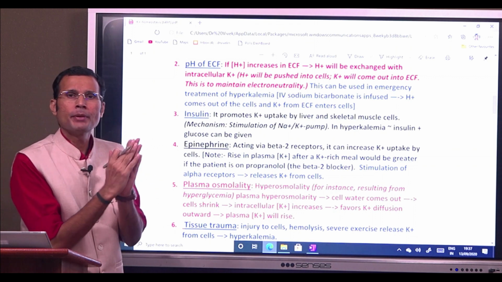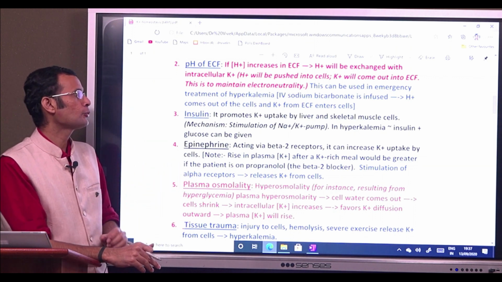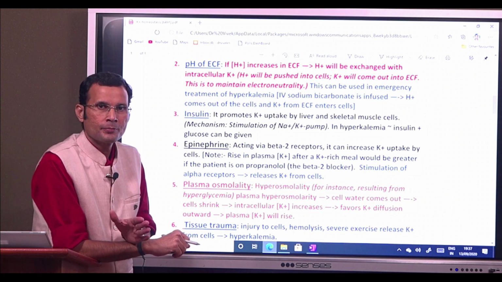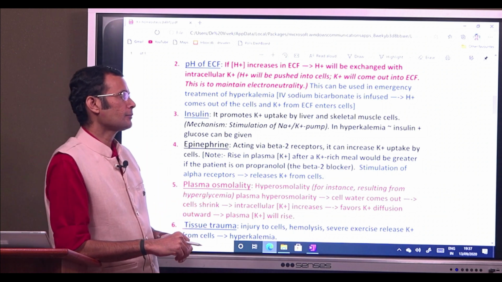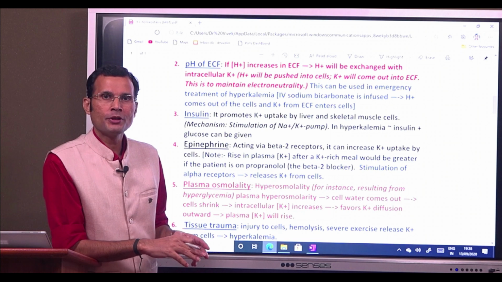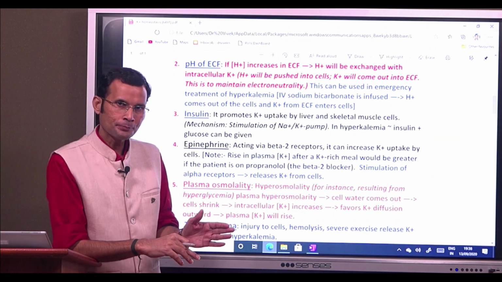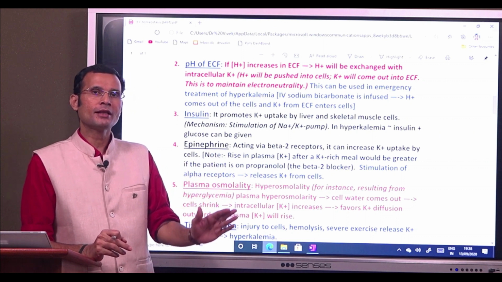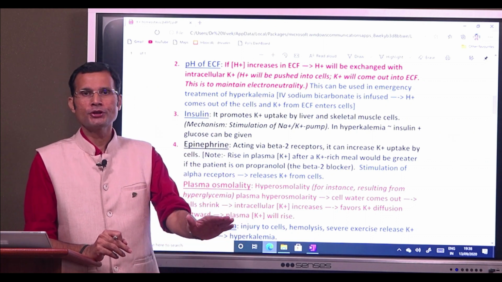And again, the mechanism is the same, stimulation of the sodium potassium pump. So again, in hyperkalemia, increased potassium in the plasma, we can make use of this property. Give insulin and that insulin will push the potassium from the plasma into the cells.